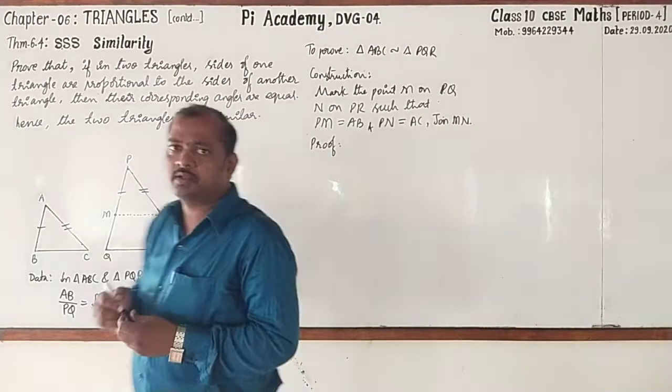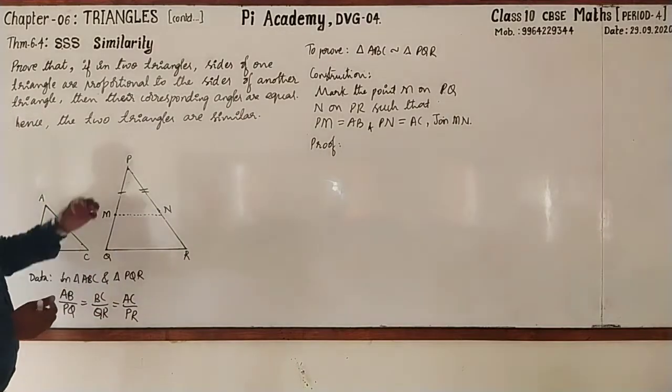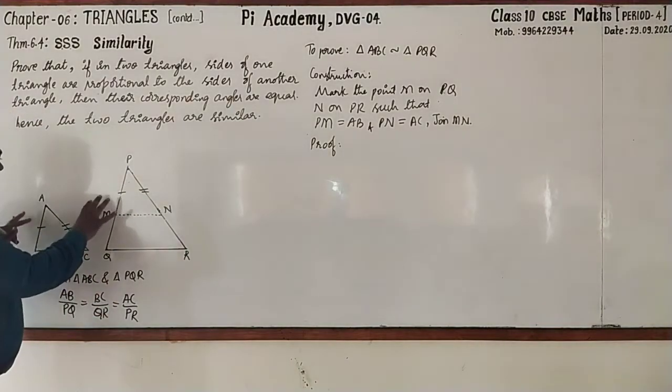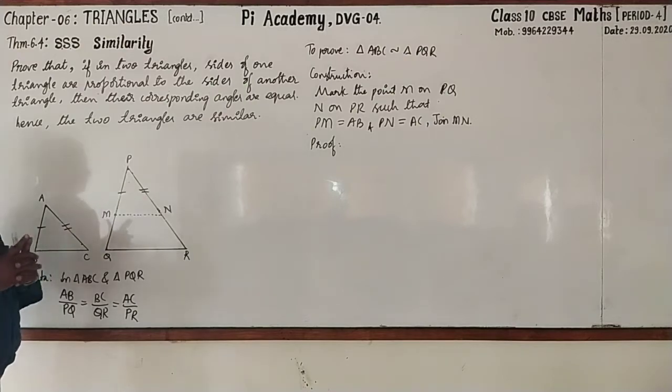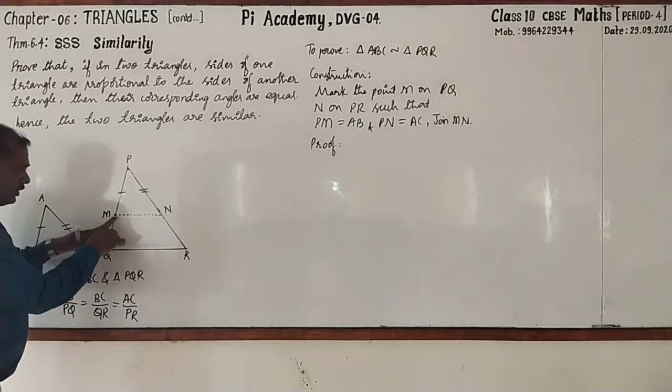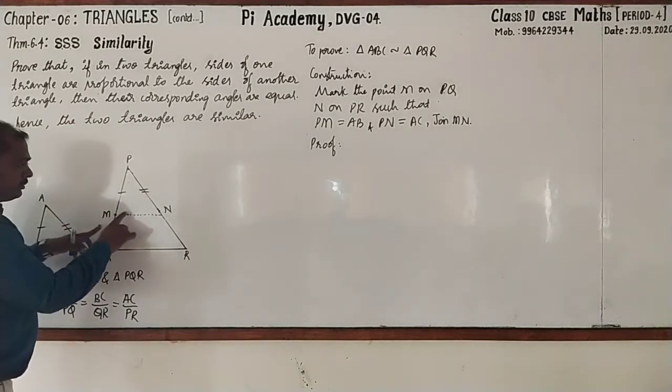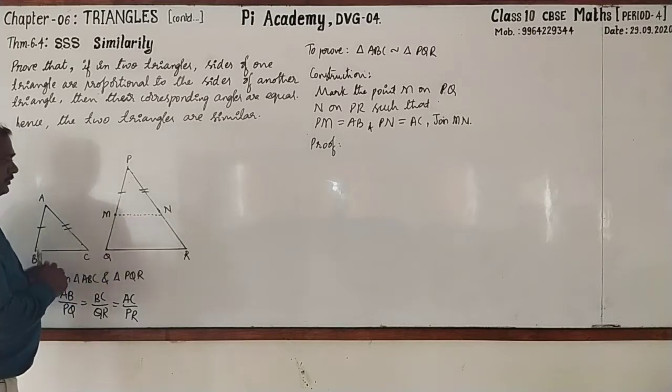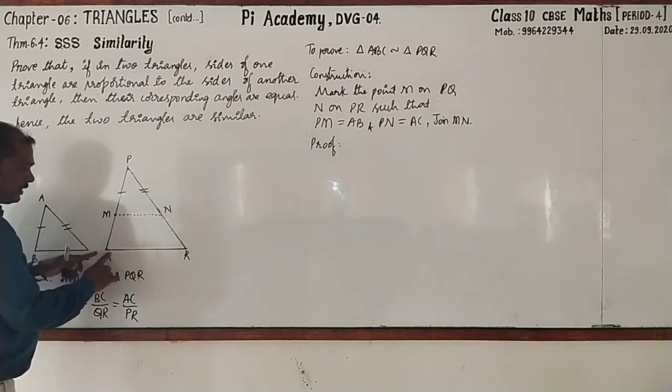I told you why construction is necessary. Look here. They have given that the corresponding sides are in the same ratio. Now we have to prove the corresponding angles are equal, hence the two triangles are similar. By making this construction, we can prove MN parallel to QR.